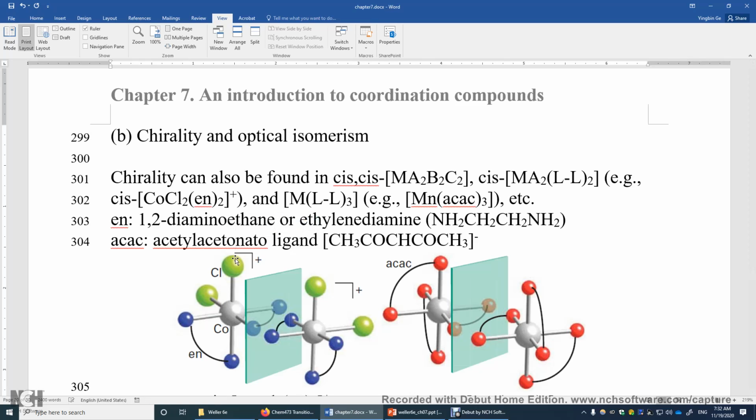I think I have a typo here. Acetylacetonate. So really, acetyl is the CH3CO functional group, and this is acetylacetonate, the conjugate base of acetylacetone. Okay, so this is the structure of the acetylacetonato ligand, CH3CO, and over here, this is CHCO, CH3.